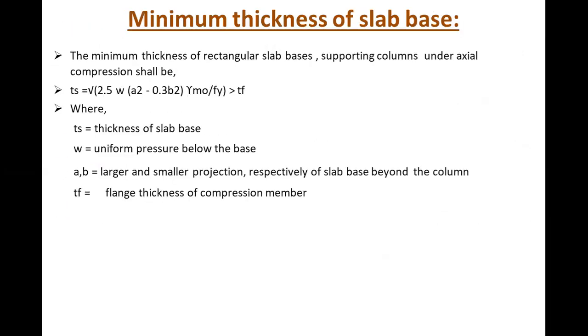These are all the requirements of the battening system. Now, the minimum thickness of slab base: the minimum thickness of a rectangular slab base supporting columns under axial compression is given by Ts equal to the square root of 2.5 w (a squared minus 0.3 b squared) gamma m0 divided by fy, which should be greater than Tf, where Ts is the thickness of slab base, w is the uniform pressure below the base, a and b are the larger and smaller projections respectively of the slab base beyond the column, and Tf is the flange thickness of the compression member.